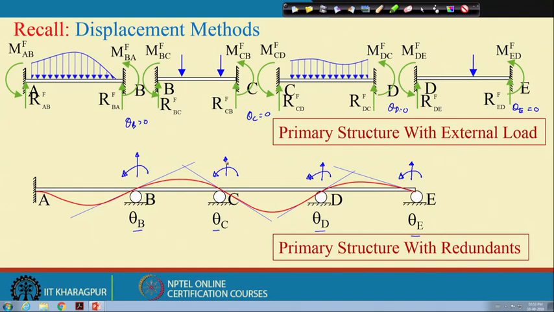In the case of truss, we always apply load at the joints, right? We don't apply load on the members because that is how the truss needs to be idealized. But in the case of beam, we not only have force on the joint, we can also have force on the member.